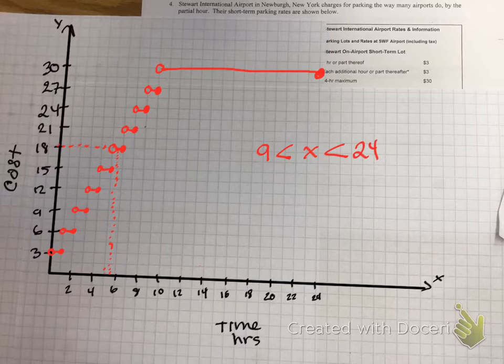That's one way to write it. My time can go anywhere. That would be the domain for $30. I got a bit confused because it said 24-hour maximum and it says $30, so I wrote 24 hours for C. Yeah, so anytime from 9 hours, 1 second, all the way, so that's really the 10th hour.